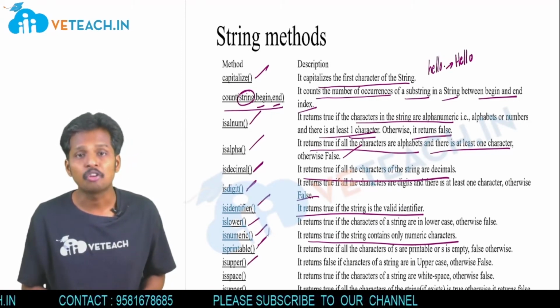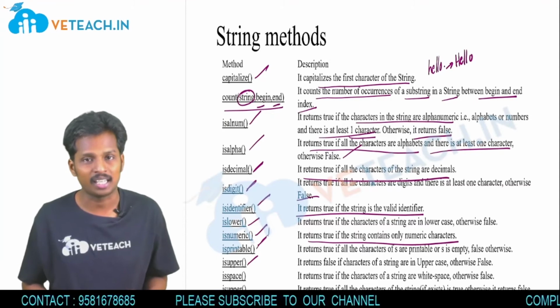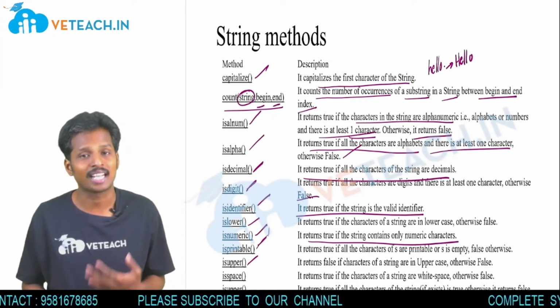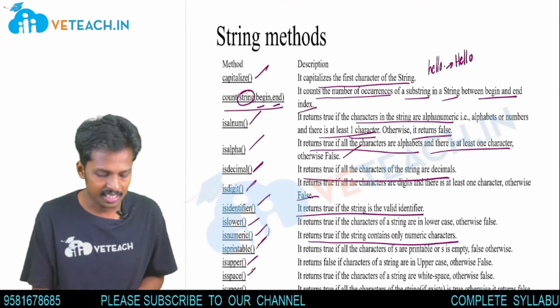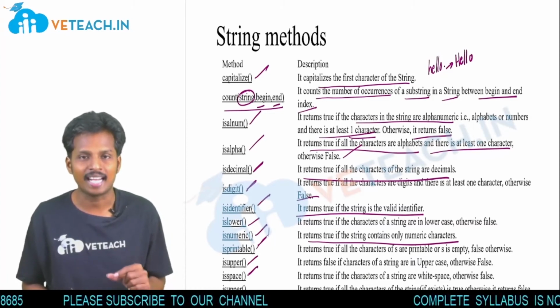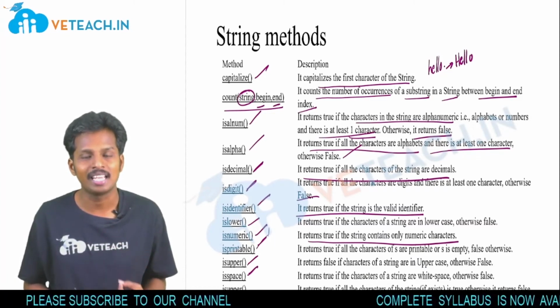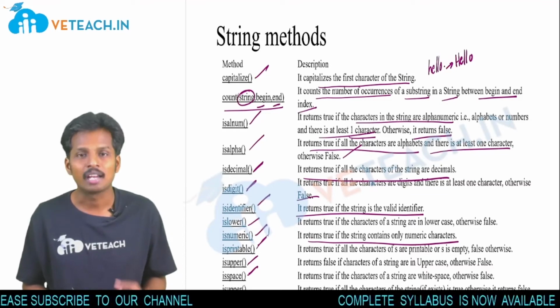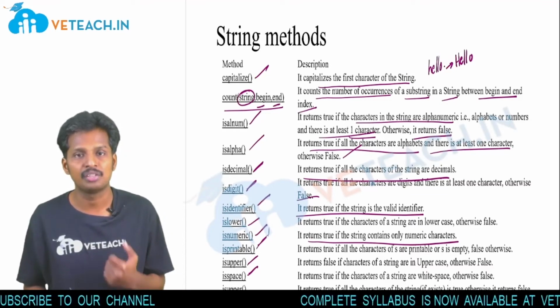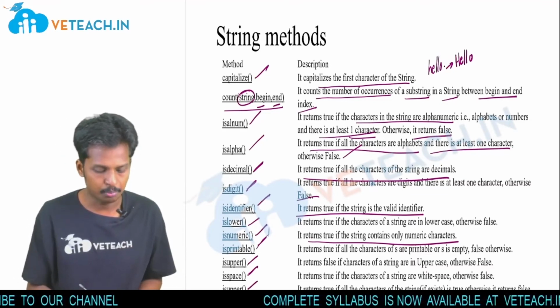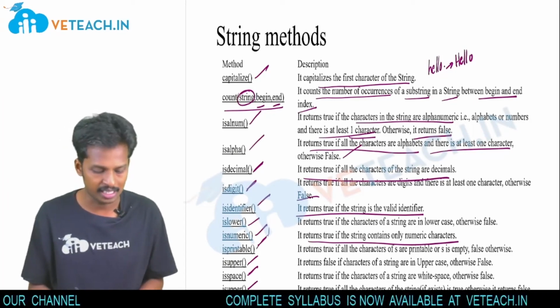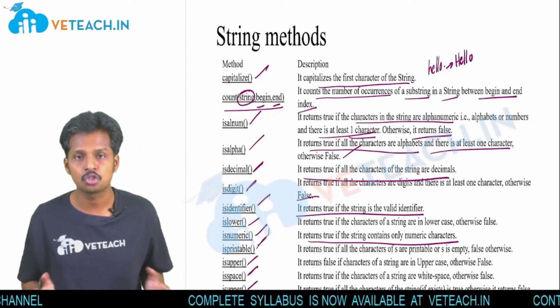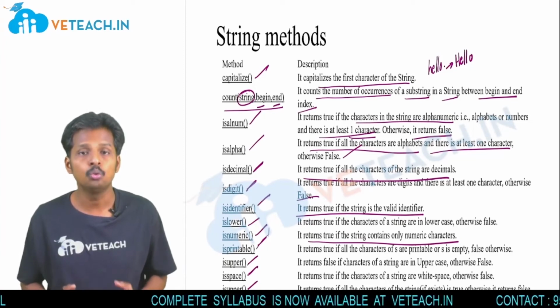It returns true if all the characters in the string are uppercase. It returns false if any one of the characters is in lowercase. Isspace checks whether the character you want to check is a space character or not. It returns true if it is a space. It returns false if it is not a space. Next is upper, to convert to uppercase or lowercase. Join of sequence. It is used to join two numbers or two strings.